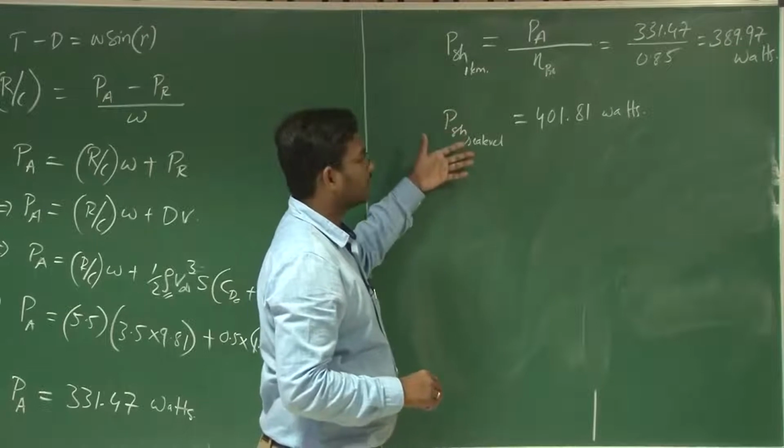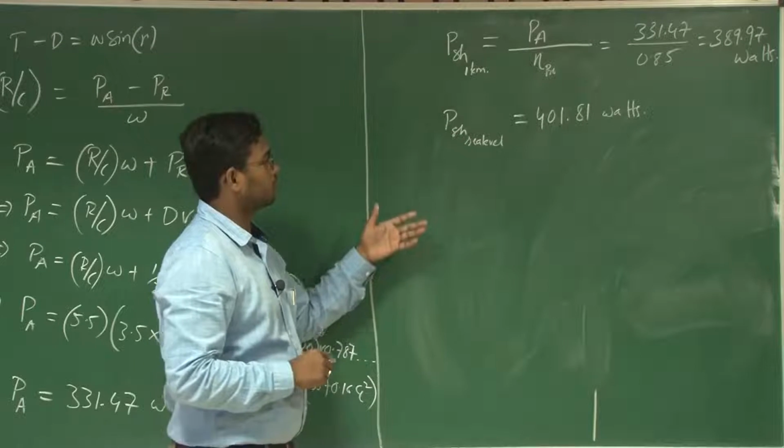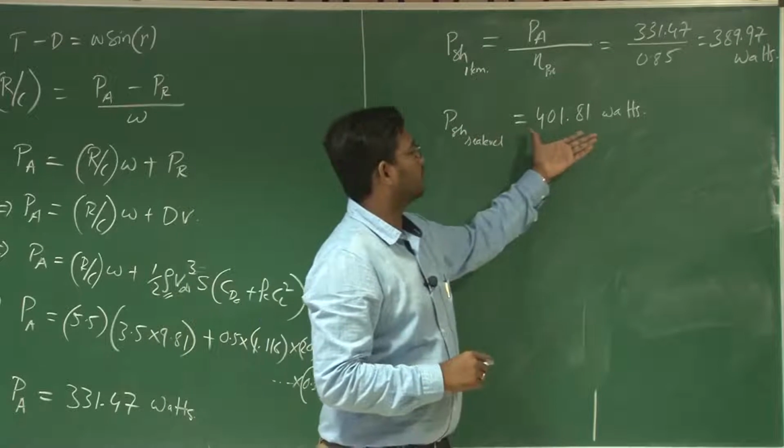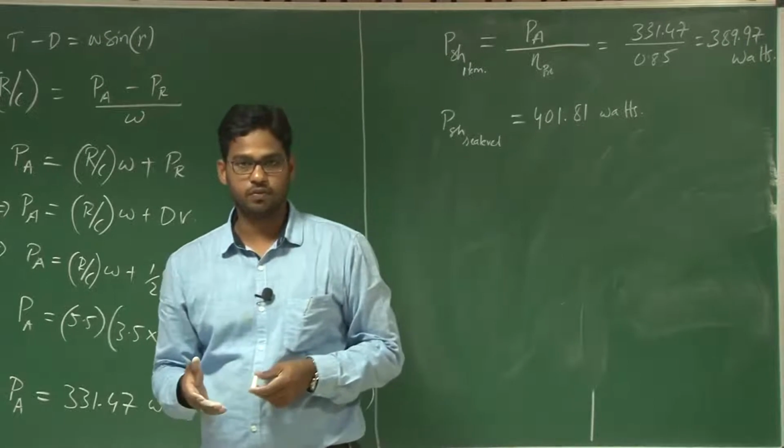So you have to consider the highest shaft power that is required, right? Then you have to use this shaft power to select the corresponding power plant by a factor of safety.